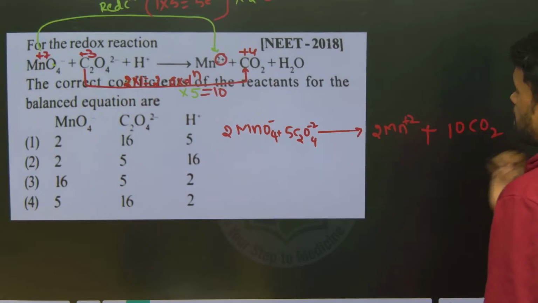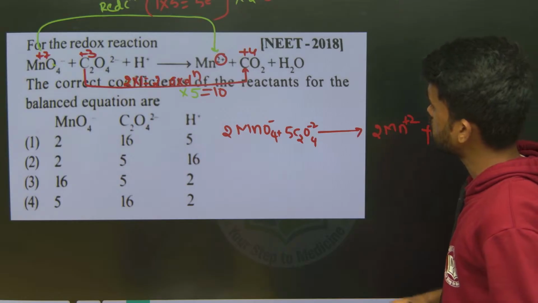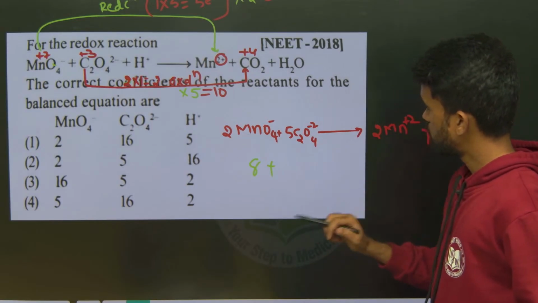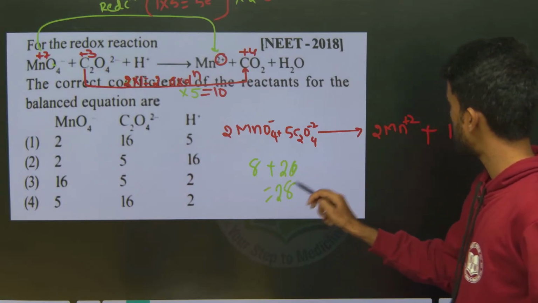Next, what other things do you require? Oxygens. How many oxygens are there here? 8 here and 20, so a total of 28 on this side, and here also you require 28.